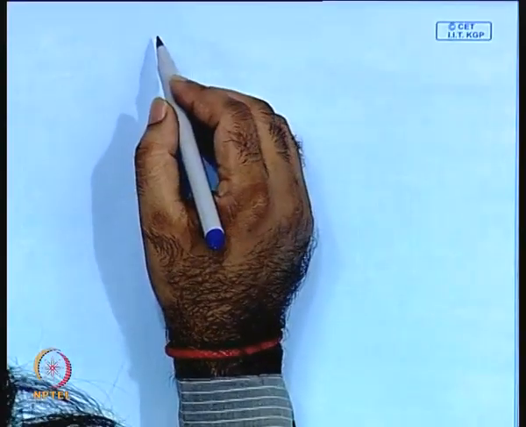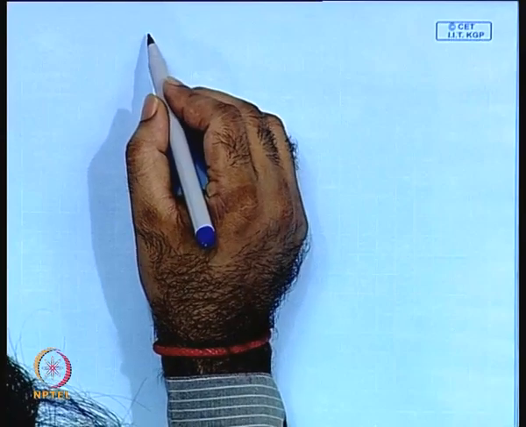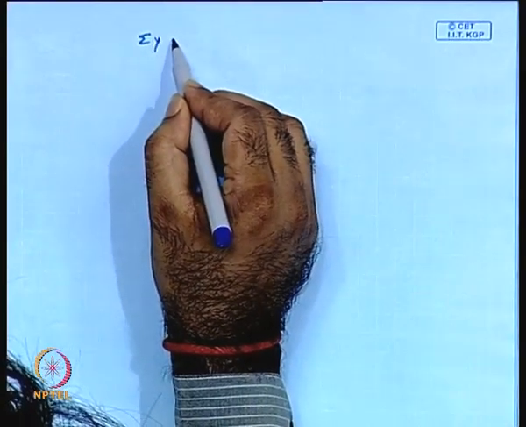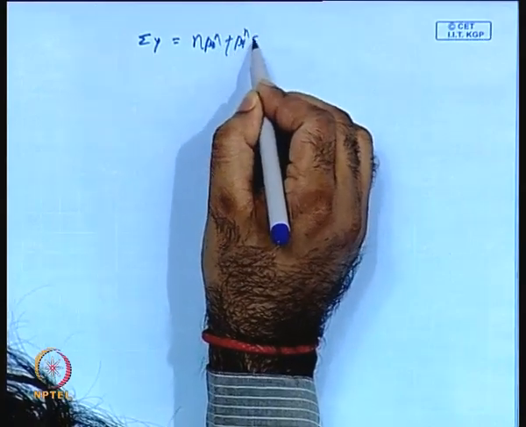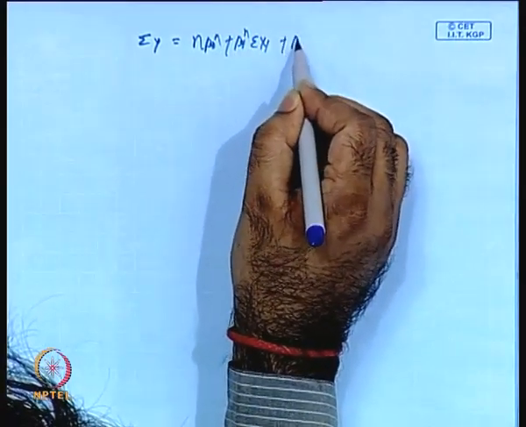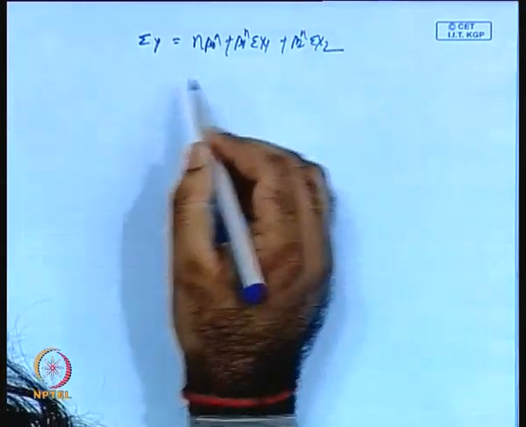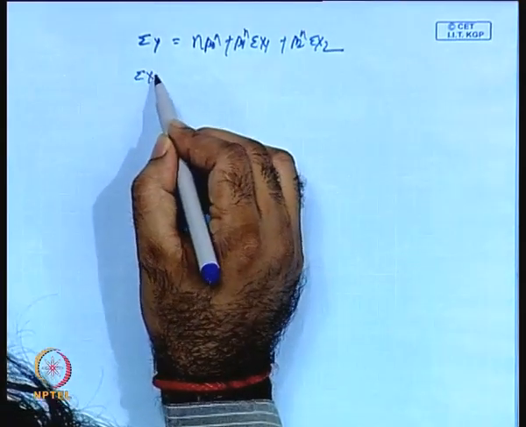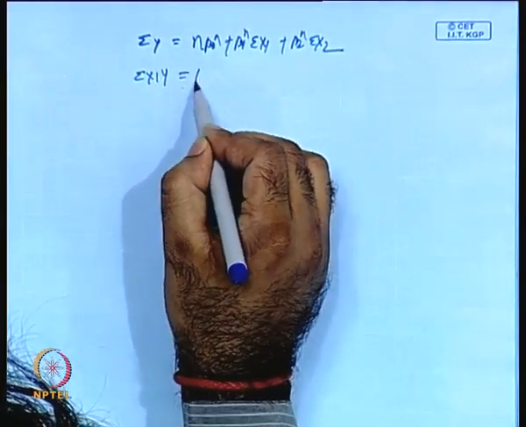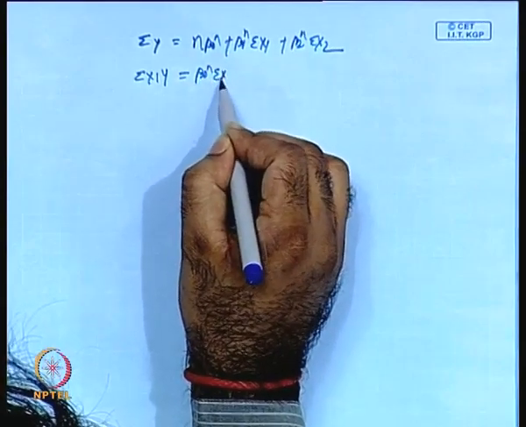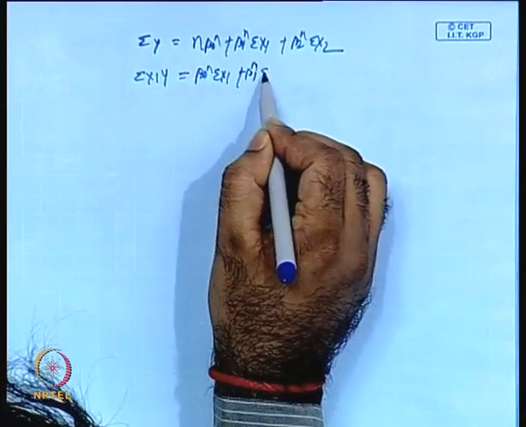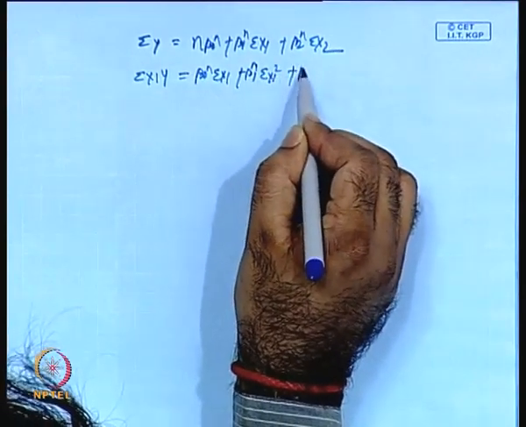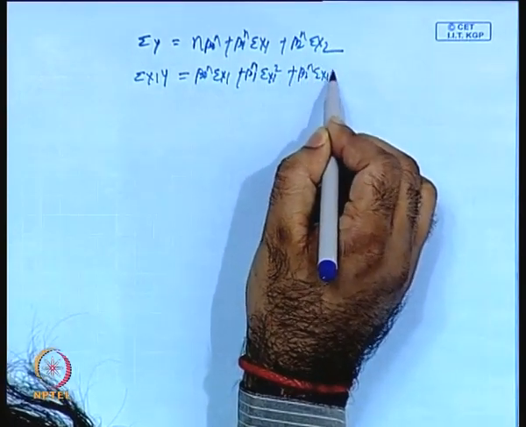So here we have 3 equations: summation y equals n beta 0 hat plus beta 1 hat summation x1 plus beta 2 hat summation x2; then summation x1y equals beta 0 hat summation x1 plus beta 1 hat summation x1 squared plus beta 2 hat summation x1 x2.